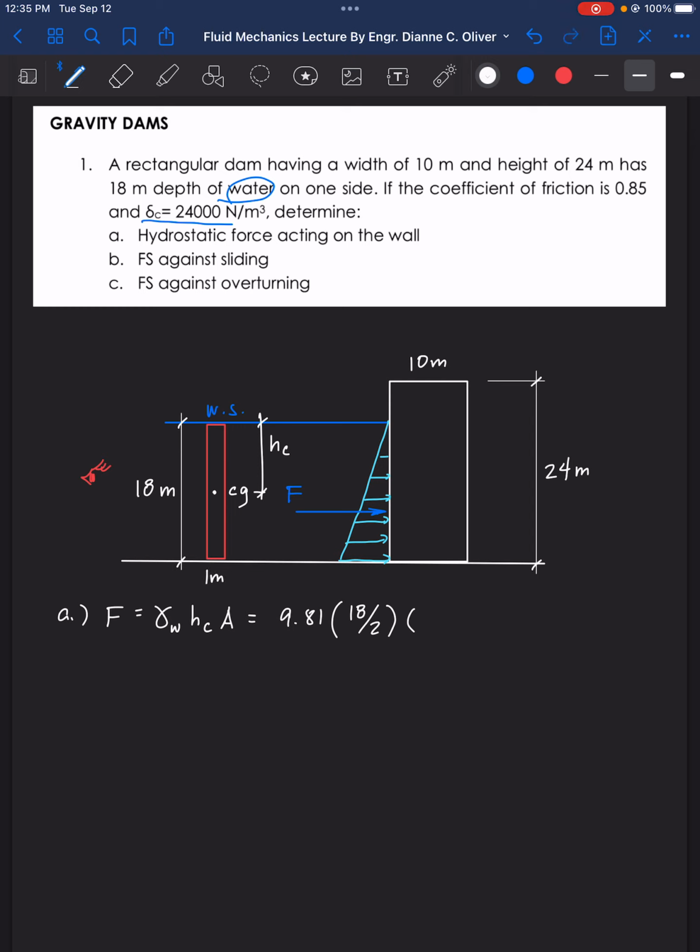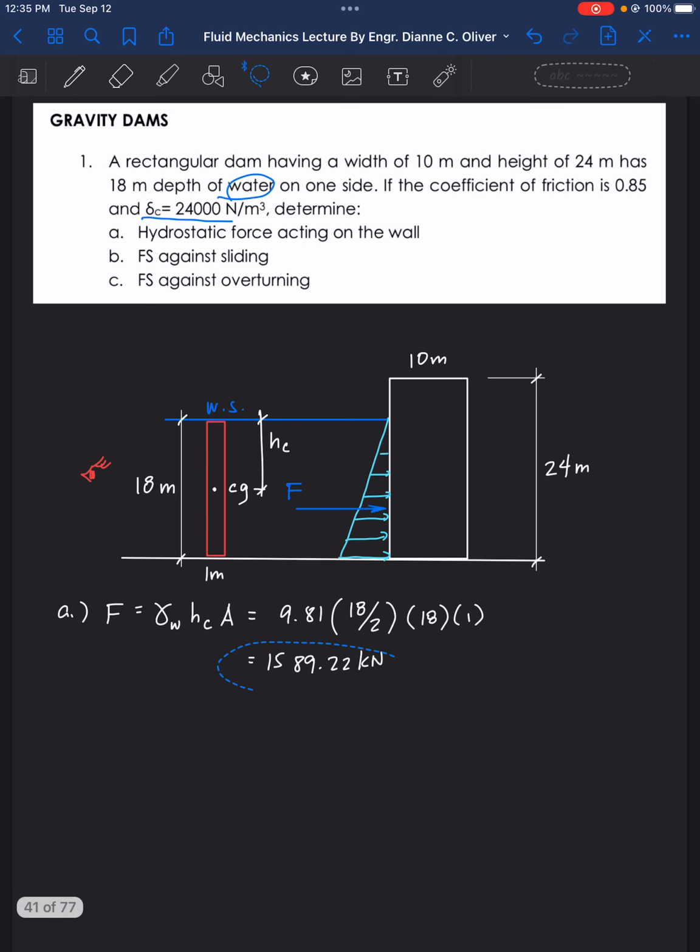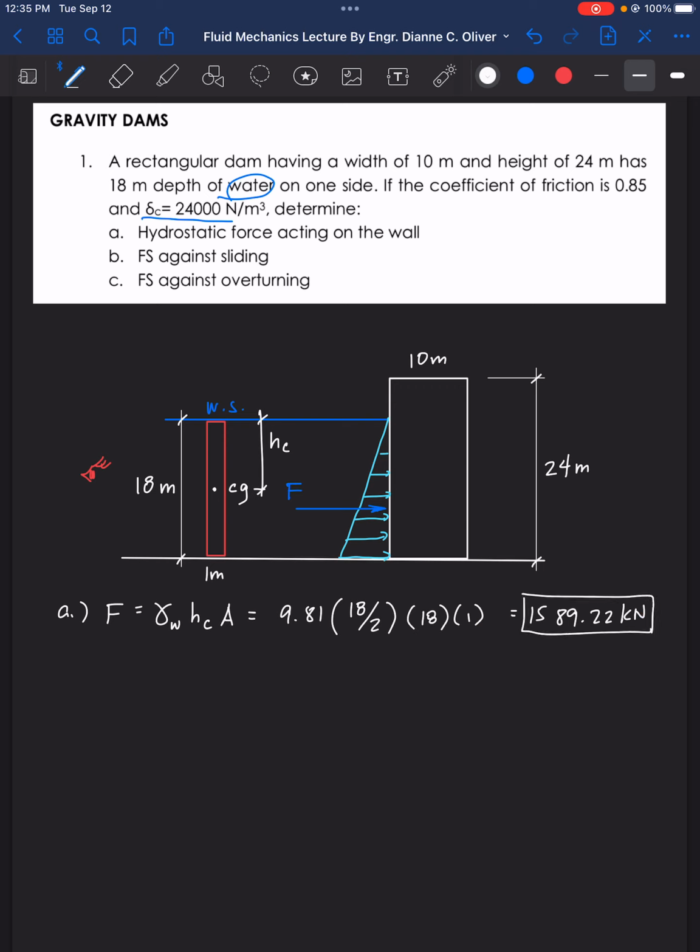So that is equal to 1589.22 kilonewton. Okay, so we'll put it here. So that's the answer for letter A.